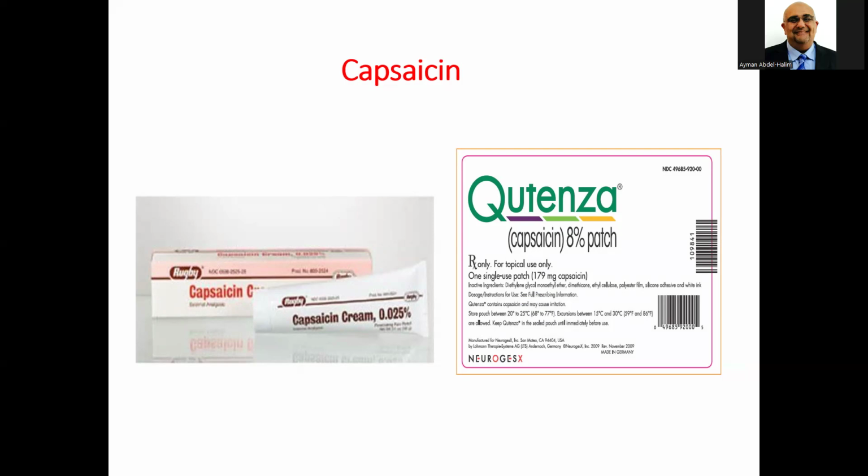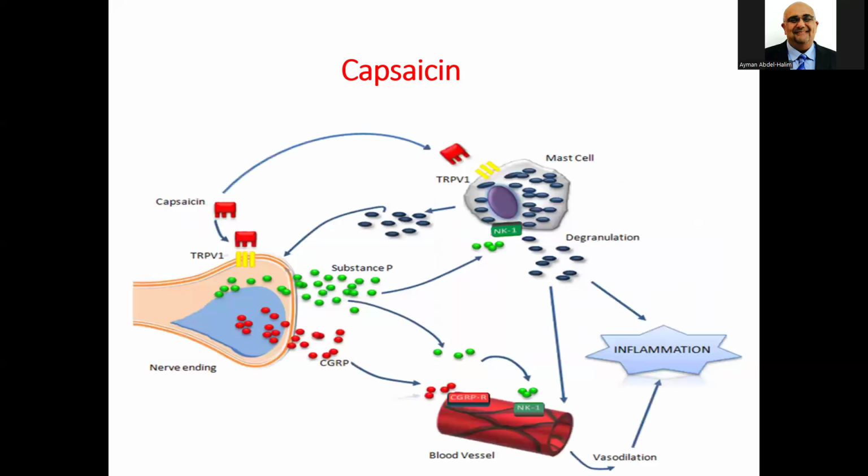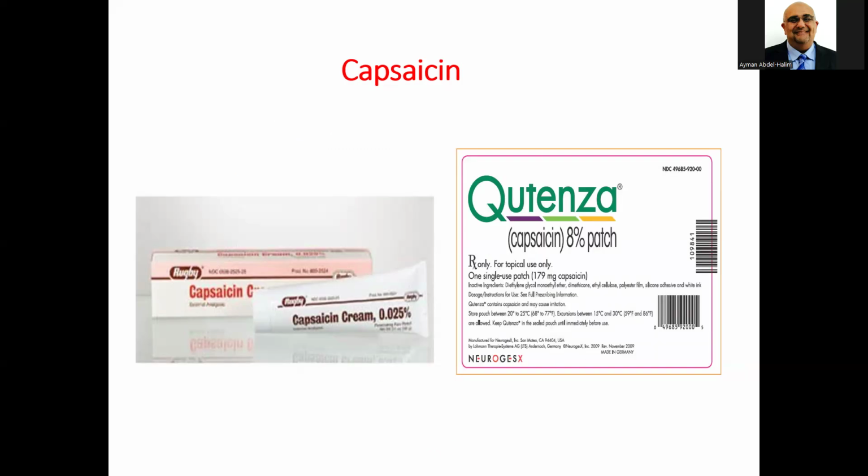Capsaicin 8%, and this one works on the TRPV1. Again, it has an anti-inflammatory role, and we use it in osteoarthritis, and we use the Qutenza or the 8% patch for shingles, for post-herpetic neuralgia.